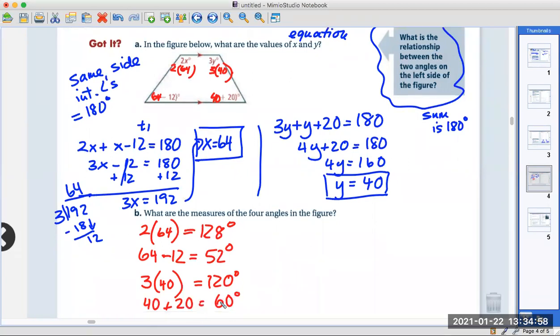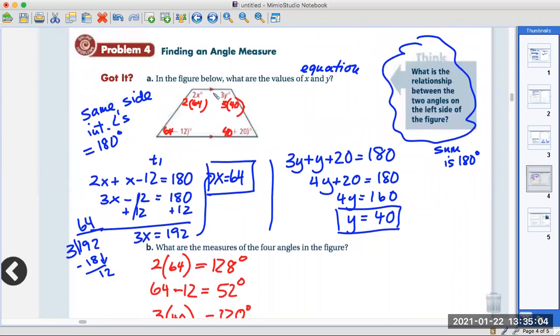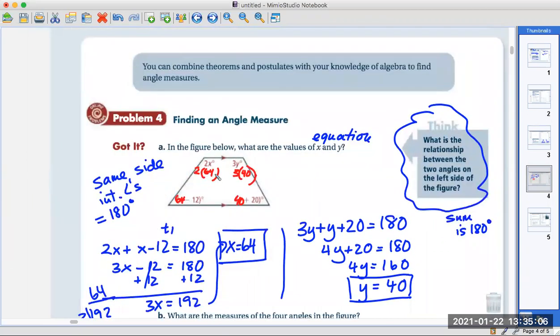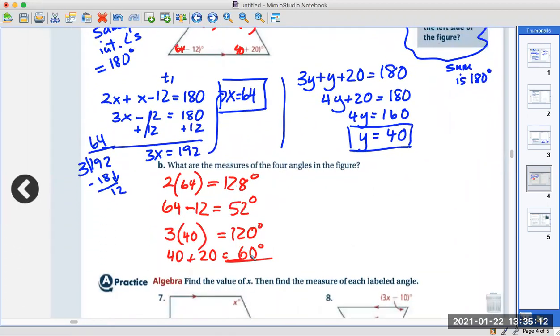And if you add them up, I'm going to give you a little prediction. This is coming another lesson another day, but since it's a 4-sided figure, the sum of all the interior angles will always be 360 degrees. So I'm going to add it up just to see if I'm right.